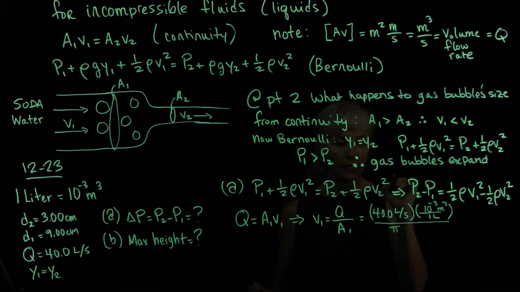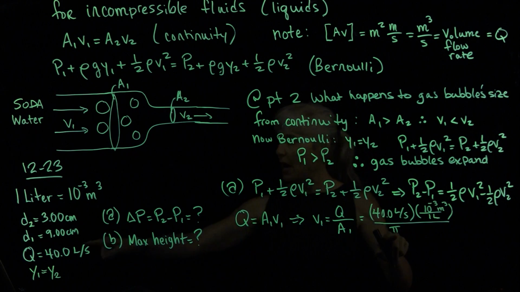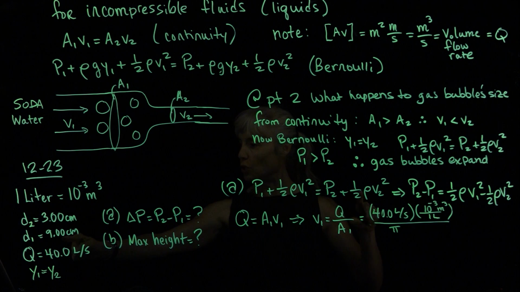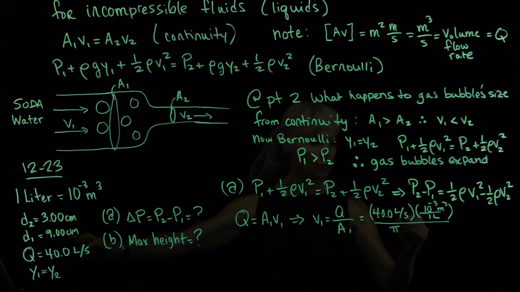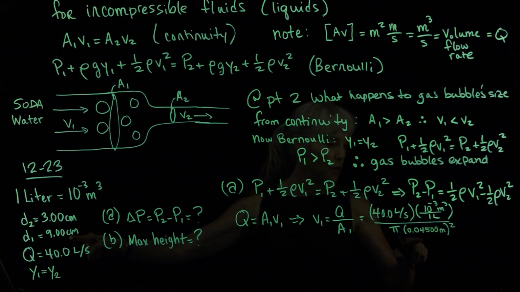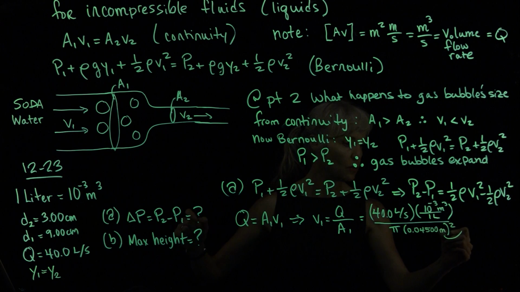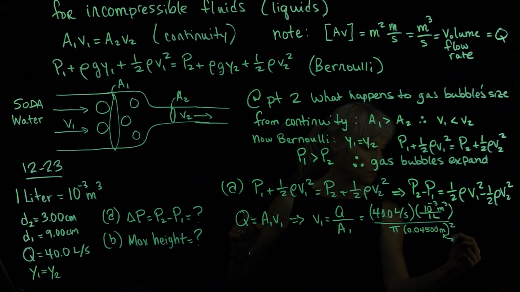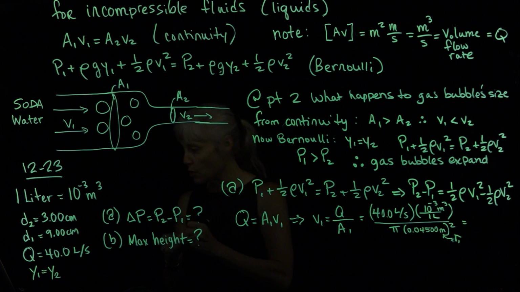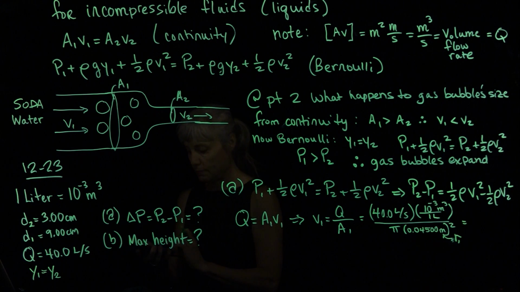The area of the pipe is a circle, so this is going to be pi times r squared. r is going to be half of this value, and I'm going to convert that to meters right away, so this is going to be 0.04500 meters, and I got to square that. So this is r1, right? That's r1. Radius 1. Okay, and when we plug in these numbers, what do we get for v1?